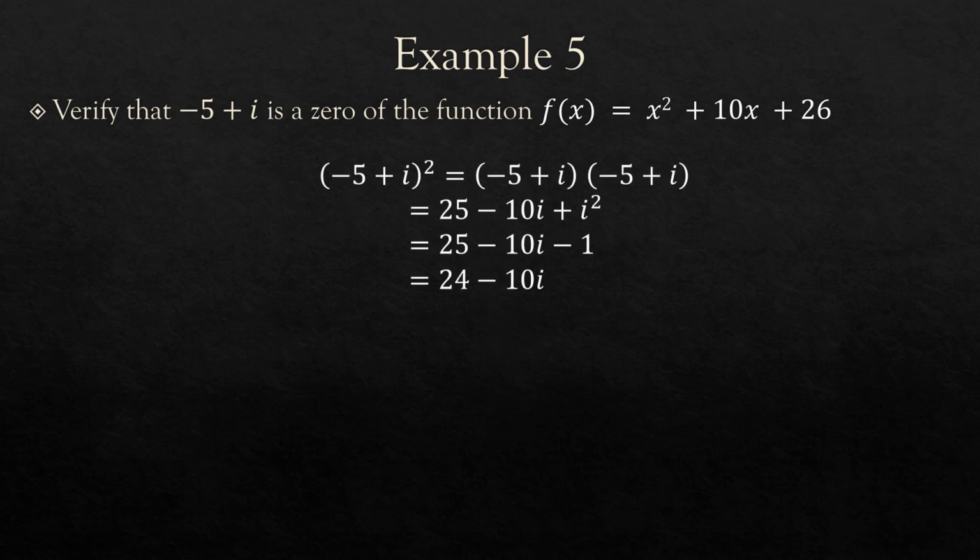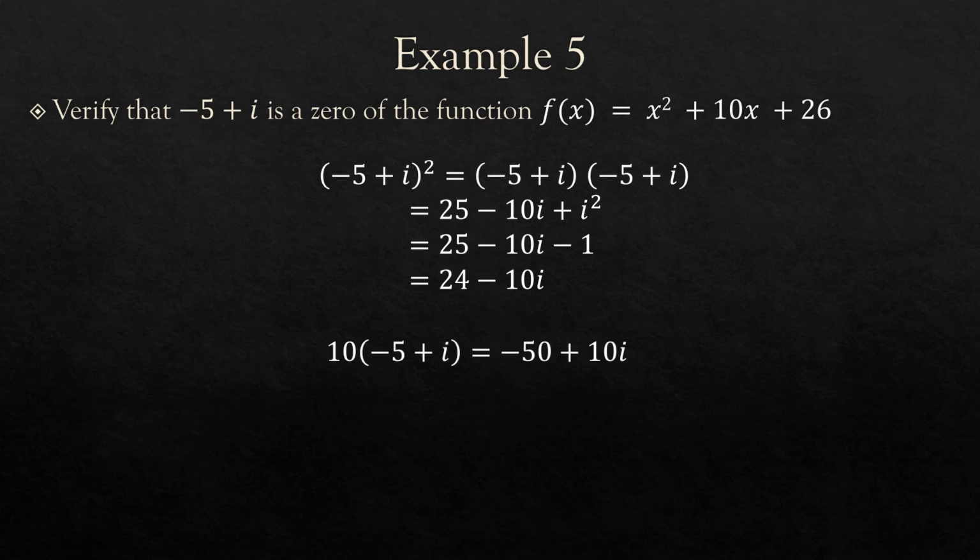So negative 5 plus i quantity squared is equal to the quantity negative 5 plus i times the quantity negative 5 plus i. Using FOIL, we get 25 minus 10i plus i squared. And recalling that i squared is negative 1, this gives us that x squared is equal to 24 minus 10i.